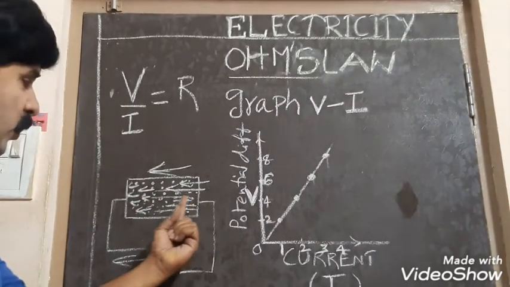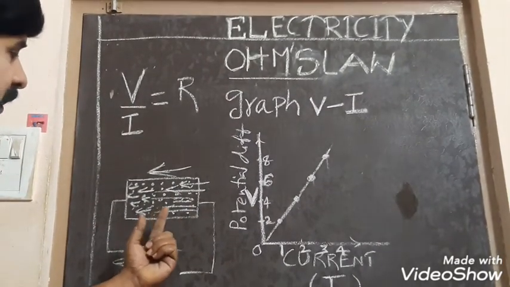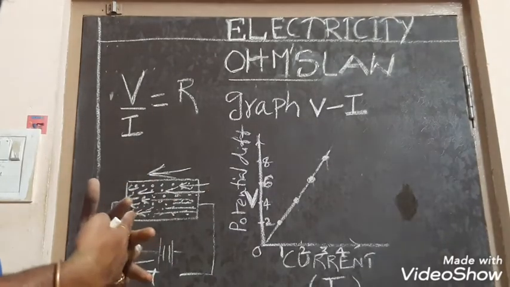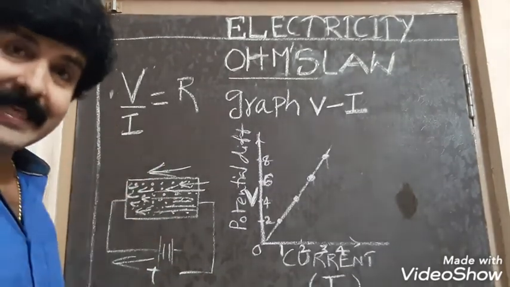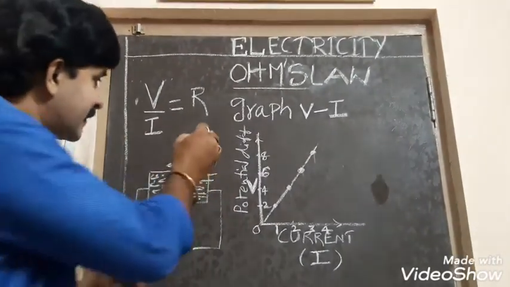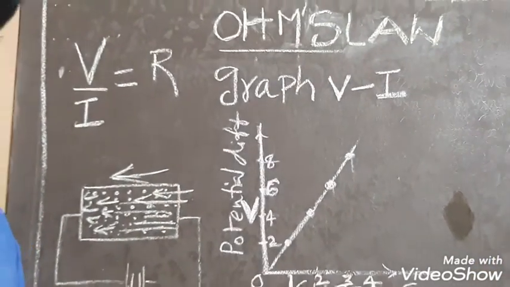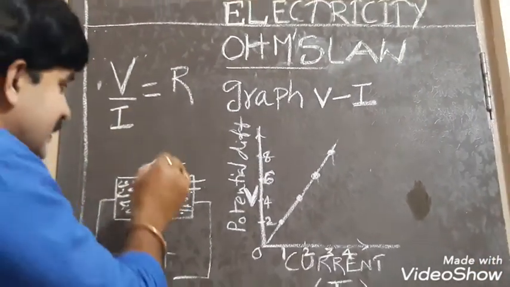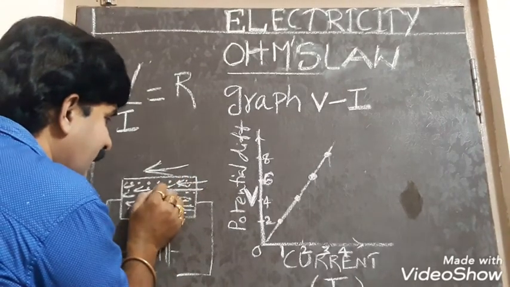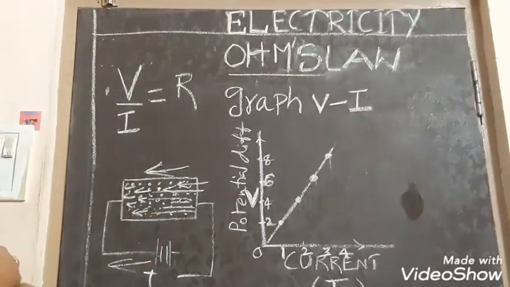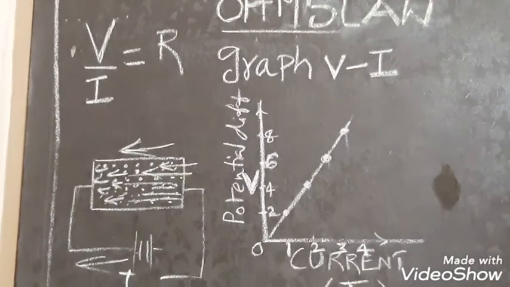While they are flowing through the conductor, they themselves collide. You understand my point? This electron will collide with another electron, and it will also collide with the particles of the substance, the metal.